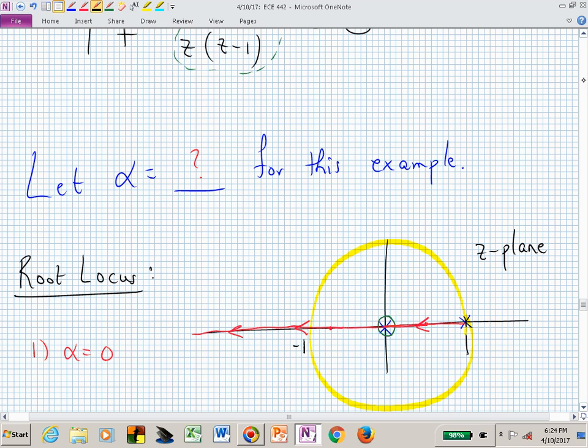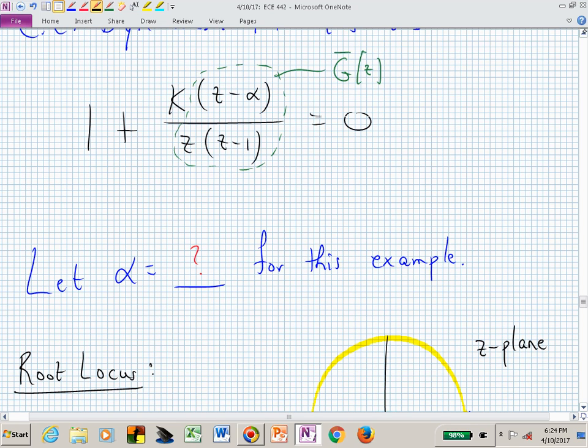Do you see what the gain formula would be in this case? My gain formula is, I'm looking at k, z minus alpha. That was a zero, wasn't it? Whew. I hope this doesn't damage too much, but there's alpha over z minus 1, and that's equal to 1.